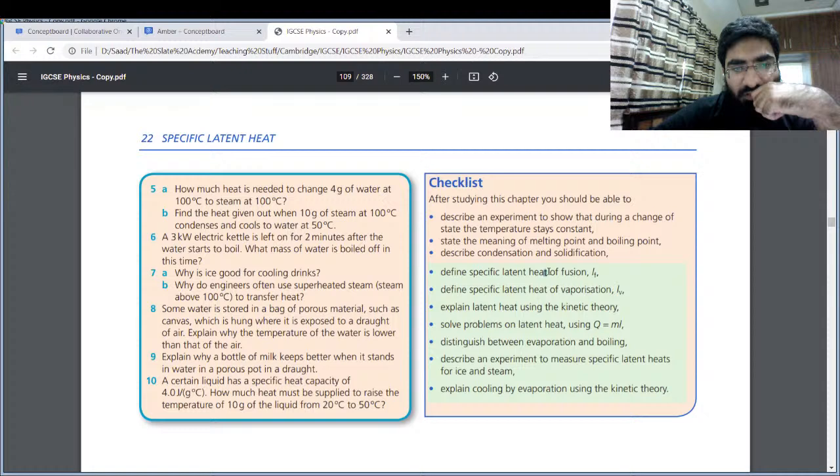And why do you use superheated steam? Again, water has a very high specific latent heat of vaporization. Superheated steam would stay in its current form and wouldn't change form as easily.